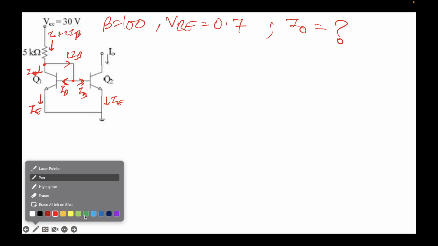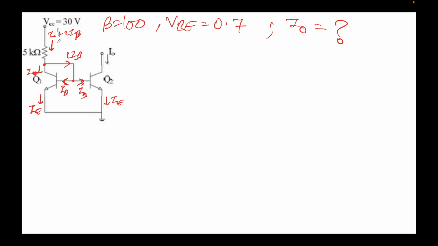I'll choose the green color, so I'll apply KVL across the green line. So when we apply the KVL across the green line, then we can simply write 30 minus IR, that is R is 5K, times I naught plus twice of IB, right?